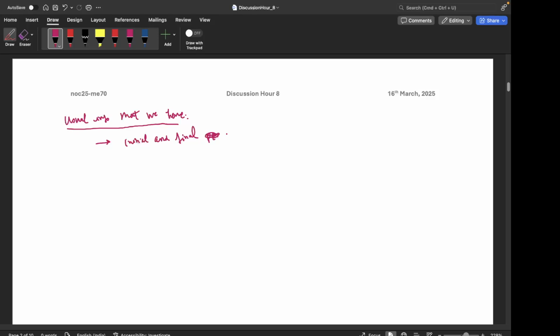When I say position, it can be either end effector position if it's task space, and it can be joint position if it's joint space.